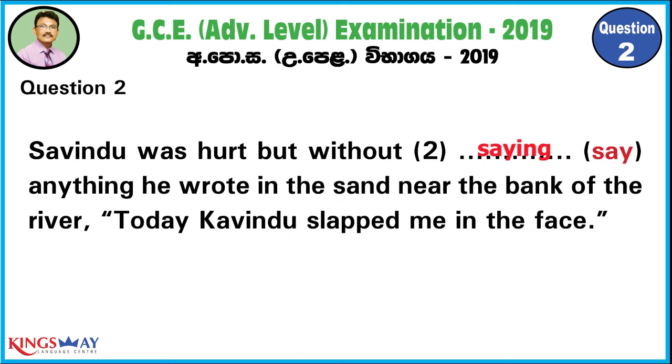He didn't say anything. Even though Kavindu slapped Savindu, he, without saying anything, wrote in the sand near the bank of the river. By the side of the river there is sand. What did he write? This is what he wrote. Today, Kavindu slapped me in the face.